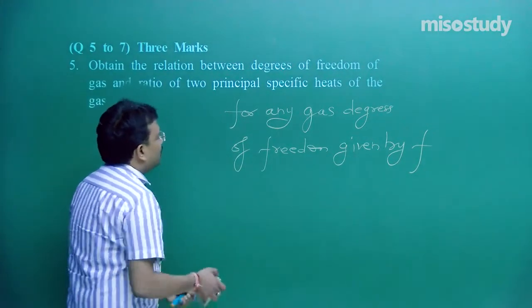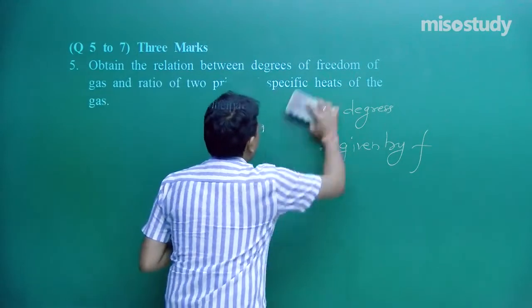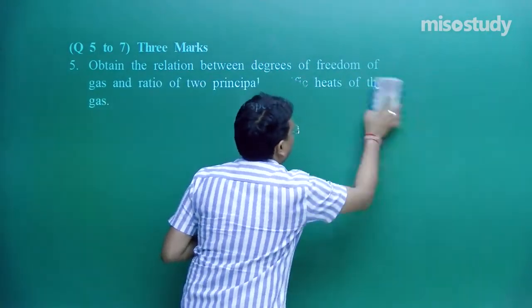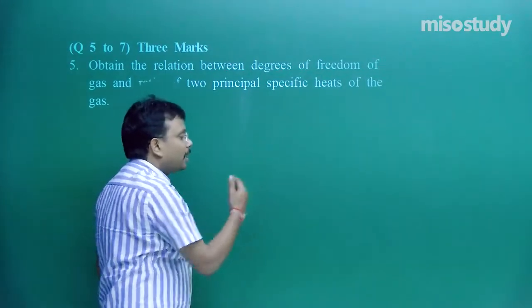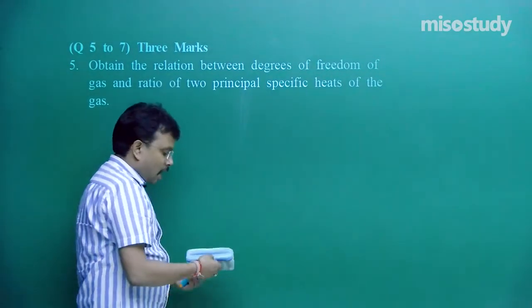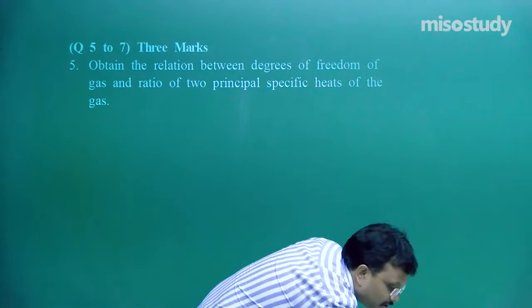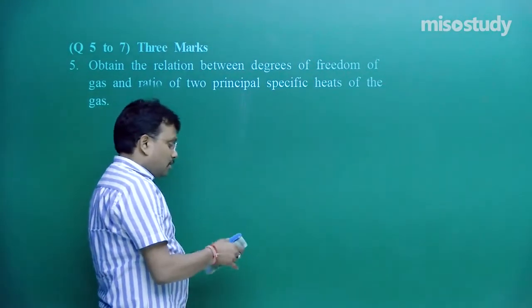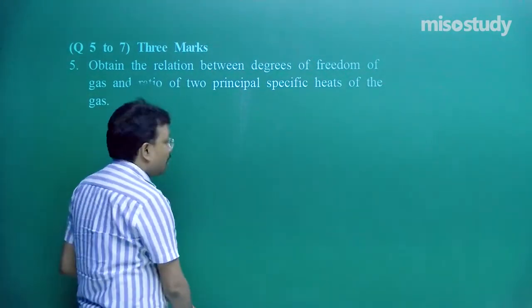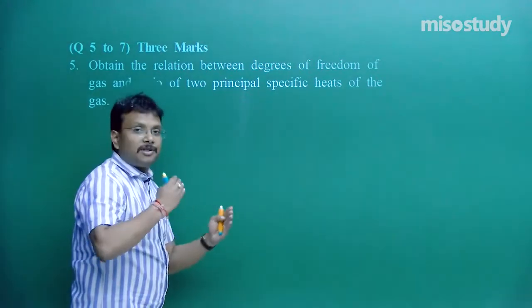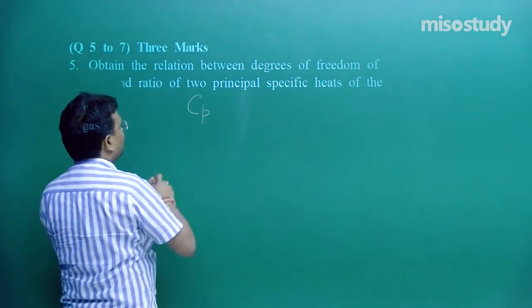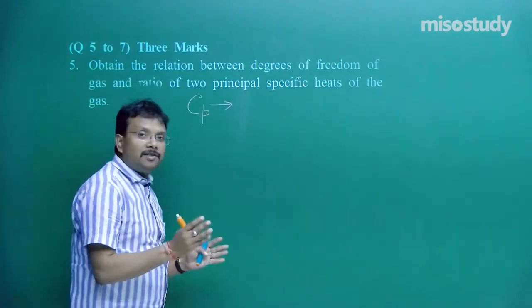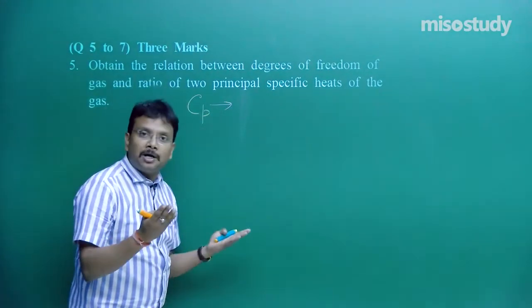Fine. Now the 2 specific heats of gases are... actually when you are writing this answer you should do one thing. You should first mention the specific heats. Fine. So you can say there are two specific heats of a gas. Number one, Cp, where Cp is specific heat at constant pressure.